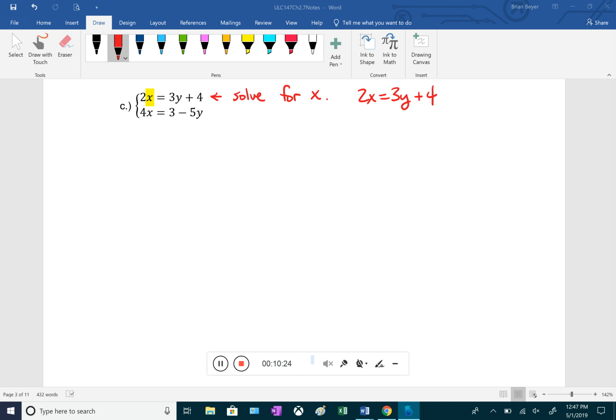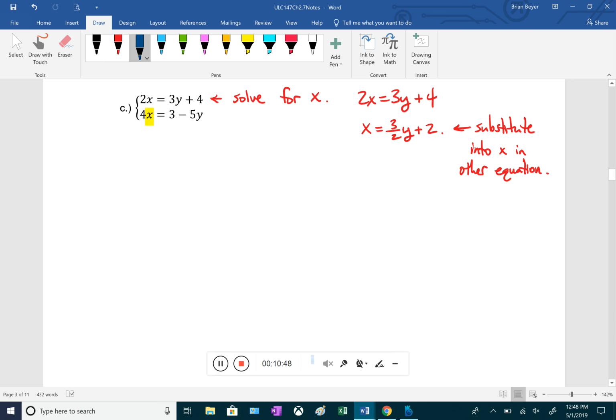Okay, so like I just said, we have to divide everything by 2. So that's going to be x equals 3 divided by 2 times y plus 4 divided by 2, which is 2. So we get x equals 3/2 times y plus 2. And we're going to take this and we're going to plug it in the x in the other equation.